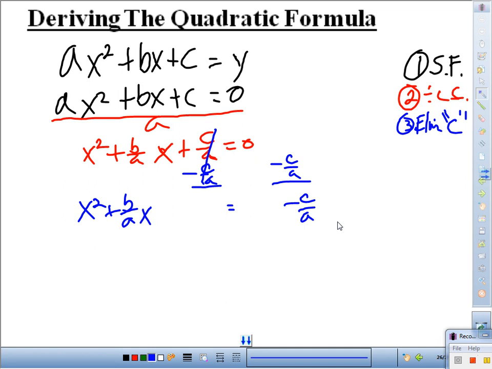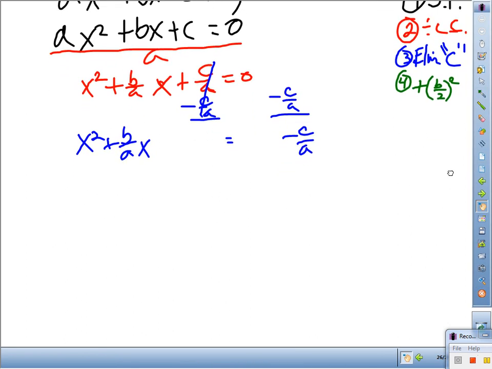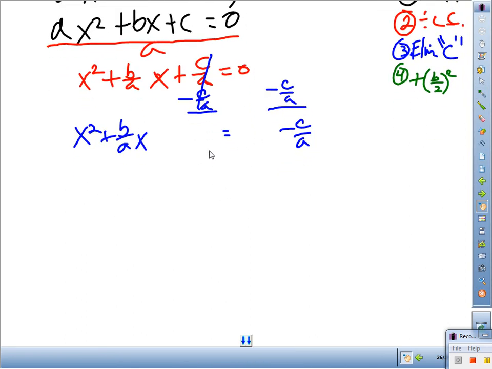Okay, good. Step 4, and this is the longest step. Ready? Here we go. Step 4, we need to add b over 2 squared. What I want you to do first, I want you to add here to each side a parentheses and see what you write. See if you got it right. Go.